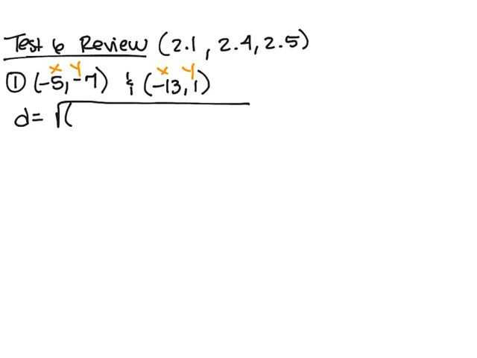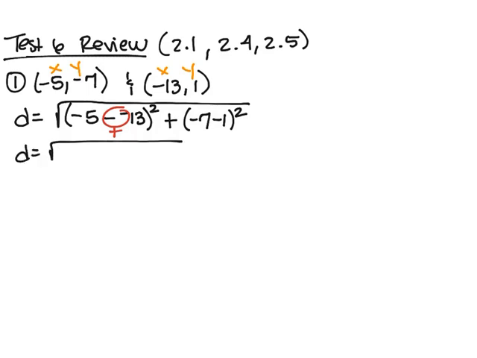So that would give us -5 minus a -13. Make sure you know these two negatives will make a plus. Squared plus your y numbers, -7 minus 1 squared. And all of this is under the square root.